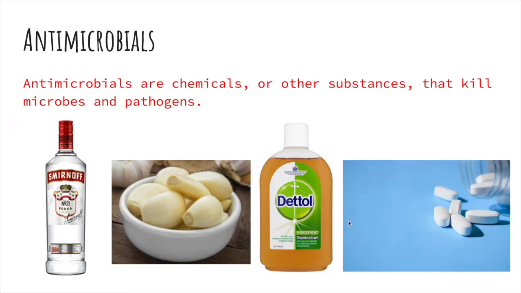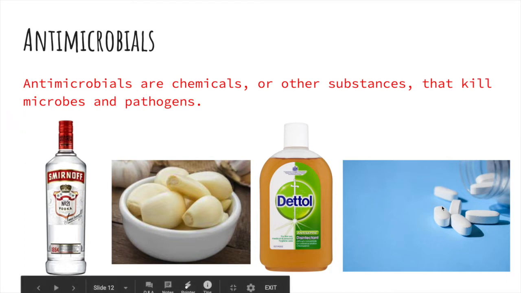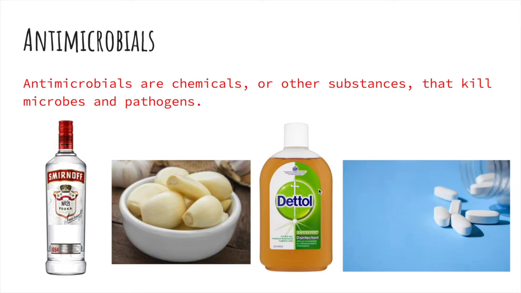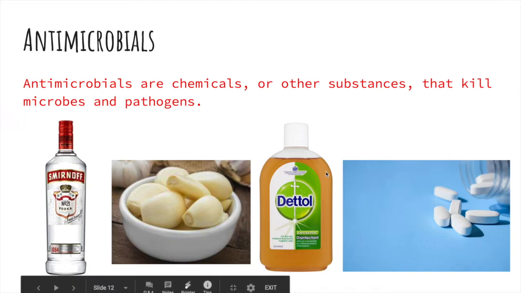So antibiotics that we looked at last lesson would be an antimicrobial. Dettol that you use to clean surfaces with, to clean floors with, is an antimicrobial. It'll kill any pathogens, it'll kill other bacteria. Indeed, it's effective against killing the coronavirus, for example.